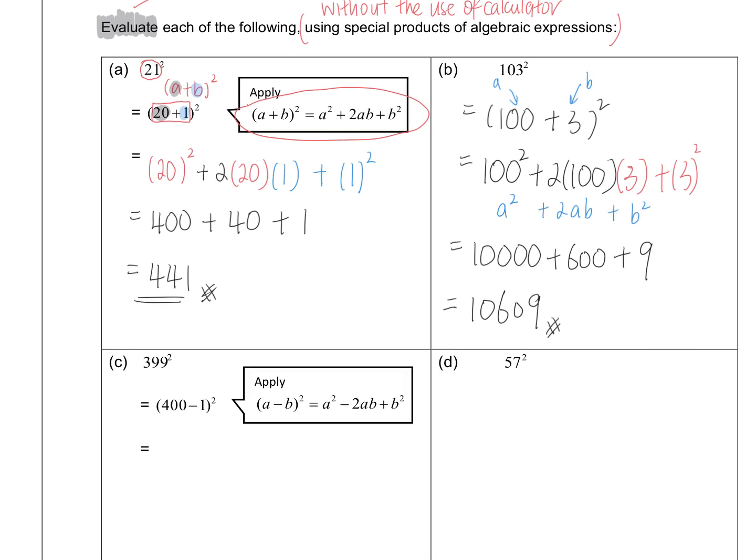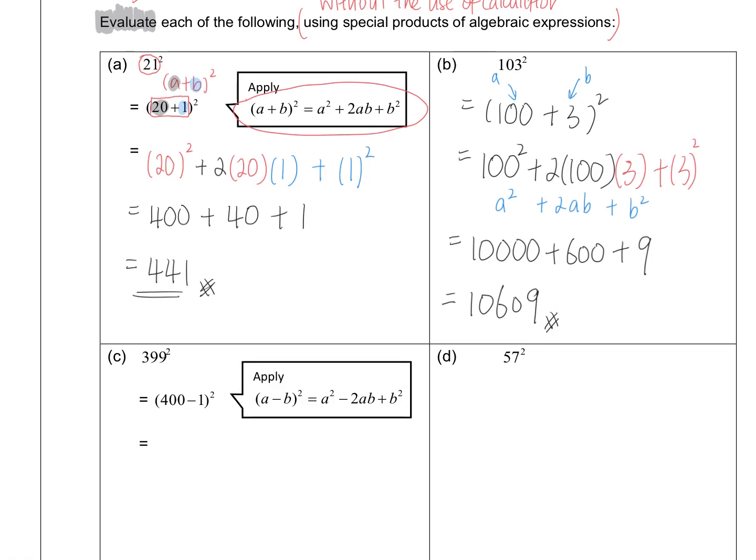Now I'm using the second product rule. Same thing. A square minus 2ab plus b square. So, this is my formula. My a is 400, I put in my 400. My b is 1, so I put in my 1.